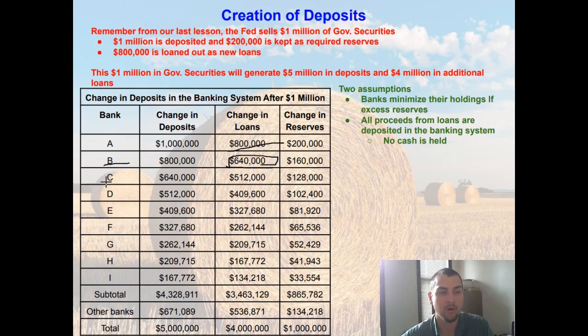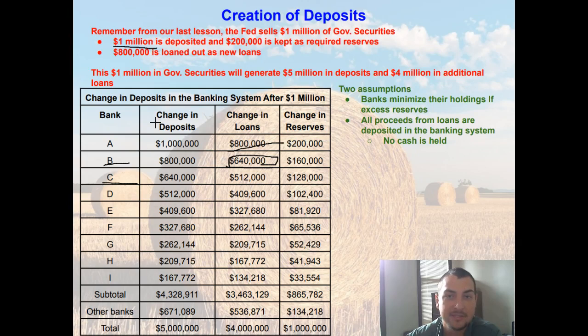By loaning out more, it winds up getting deposited in Bank C, and so on and so forth. They keep loaning everything out. As we see, as it goes down, it gets a smaller and smaller amount of change in deposits, and it keeps going. By the time the banks finally stop loaning out all of that money, we deposited $1 million.